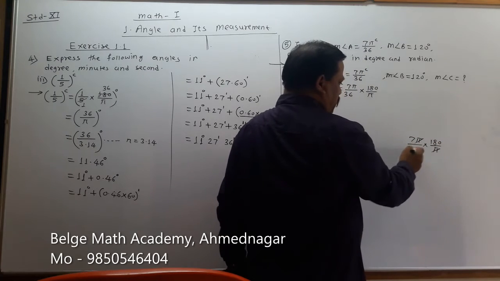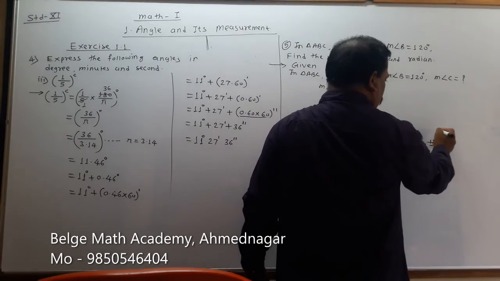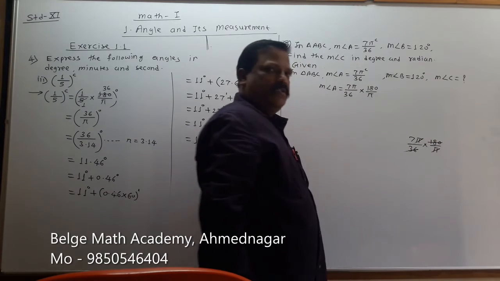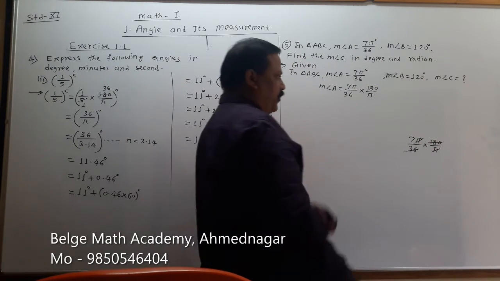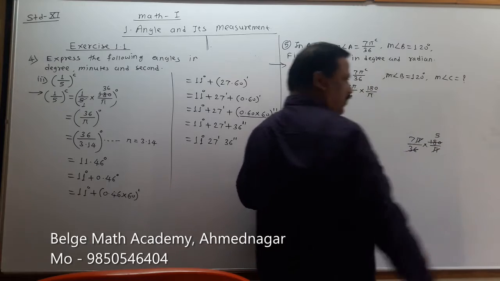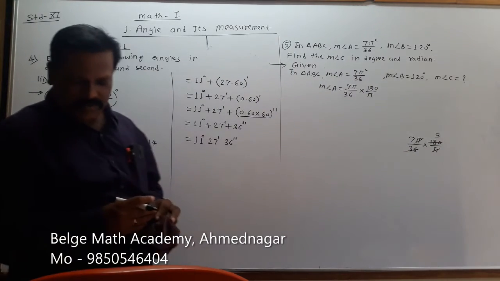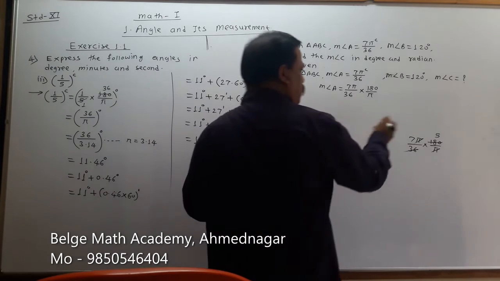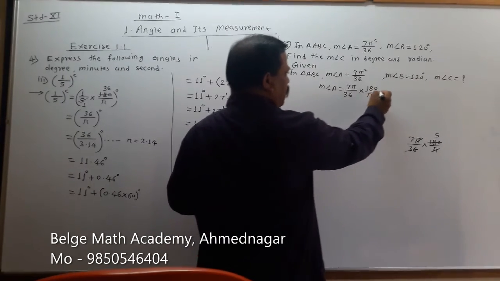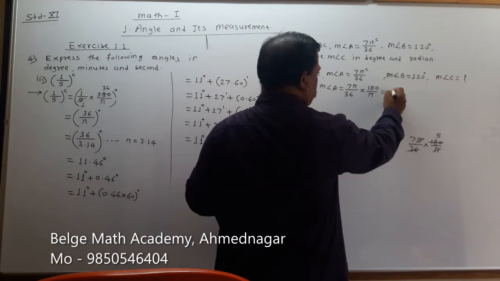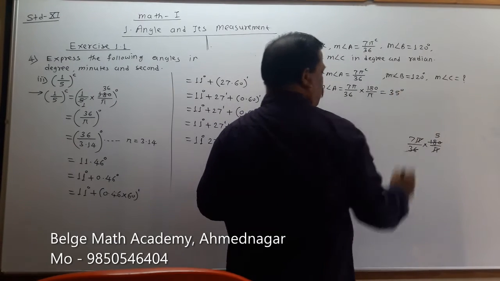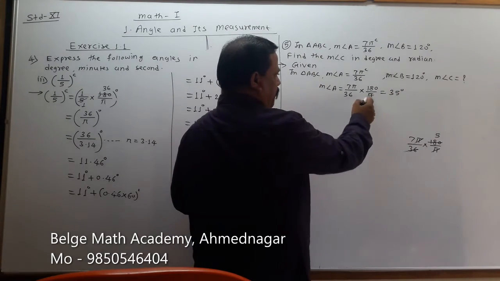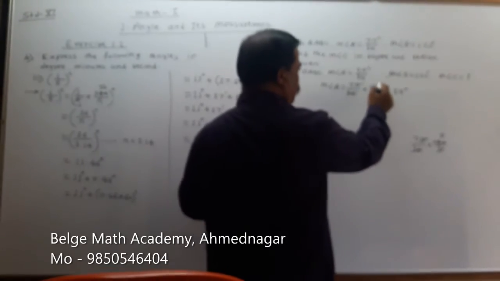Pi and pi get cancelled. 36 fives are 180, and that multiplication gives 35. So the measurement of angle A is 35 degree.